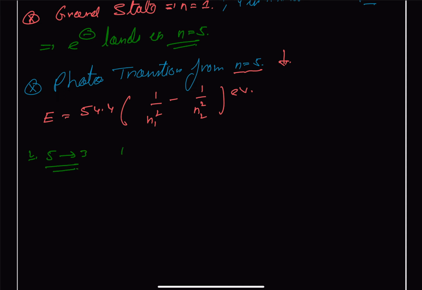So we get our energy is equal to 54.4, and we have this as 1 upon 9 minus 1 upon 25. This gives us 3.8869 electron volt, and we have to find it in the range of 2 to 4 electron volt.